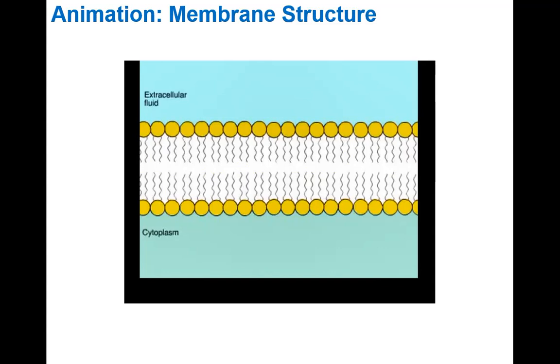Anything that dissolves in fat can go through these membranes. Vitamins that are fat soluble, for example, like vitamin A and E and vitamin D, they slide right through. The ones that are water soluble have a hard time getting through. They don't get in because oils and waters don't mix well together.